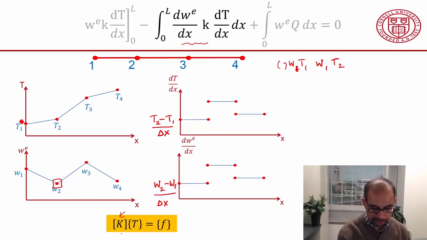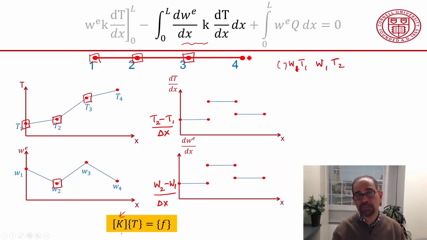W2 is multiplying T1, it's multiplying T2, that comes from the integral over the first element, and then W2 will multiply T2 in this integral, but it'll also multiply T3. Which means that when I collect terms, the algebraic equation at this node will involve the temperature value here, here, and here. It won't involve the temperature value here.